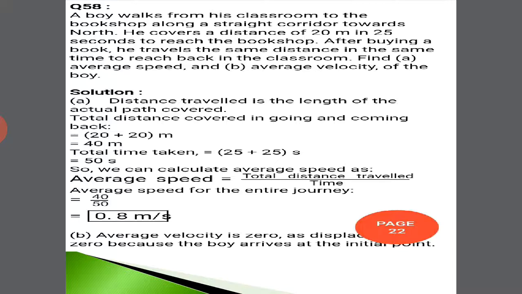The distance traveled is the length of the actual path covered. The total distance covered in going and coming back is, as given there, 20 plus 20, it is 40 meter, and the time taken is 25 seconds plus 25 seconds.